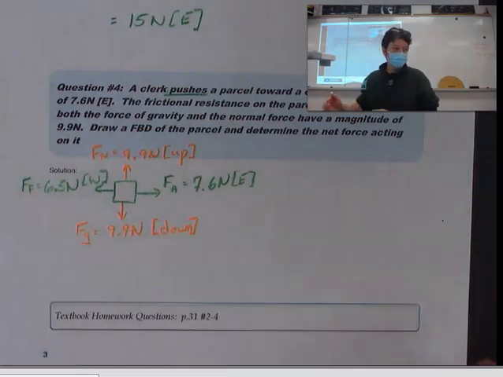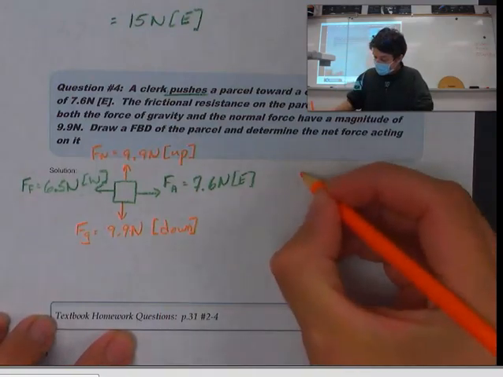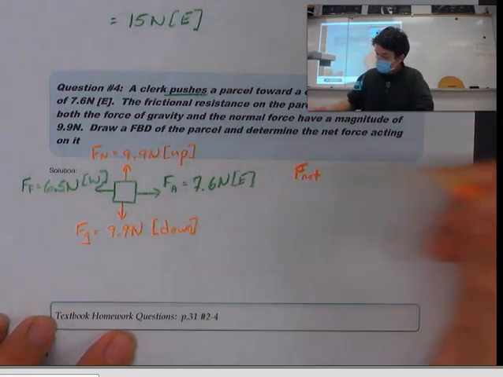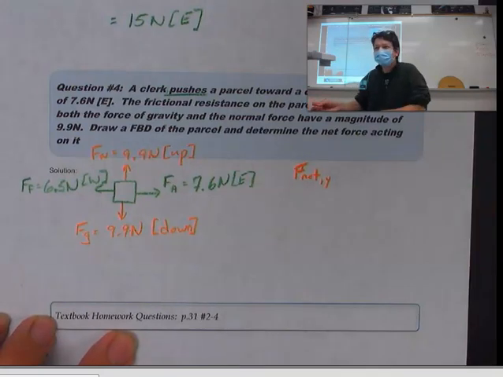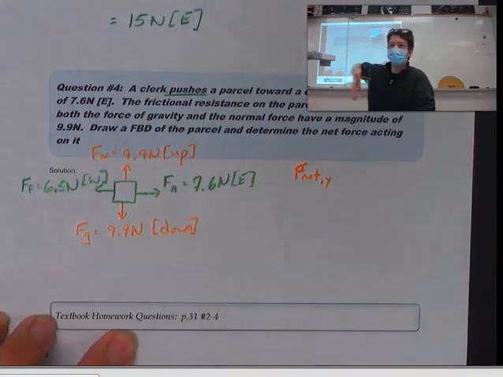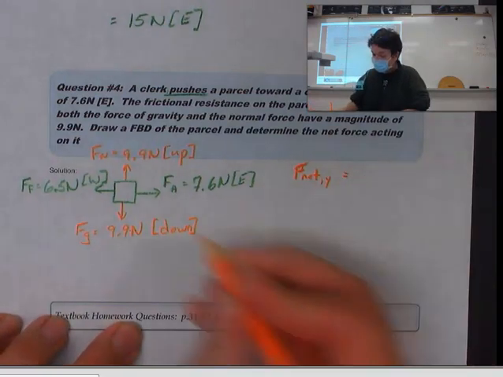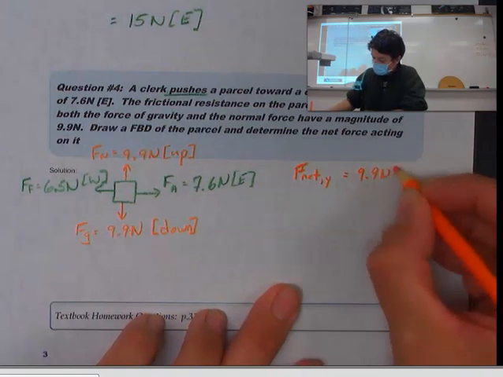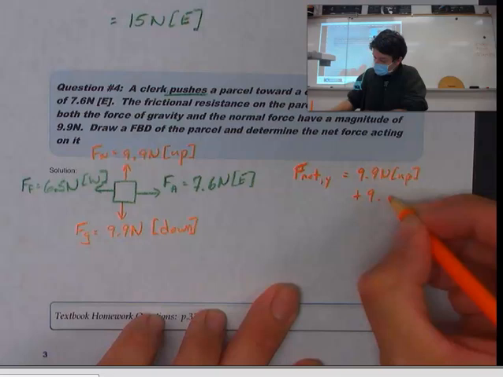So what we're going to do is consider our vertical separately. And so let's look at our net force acting vertically. I'll call that y, because when you do a Cartesian plane, y is up and down. So in this case, we have 9.9 newtons up plus 9.9 newtons down.